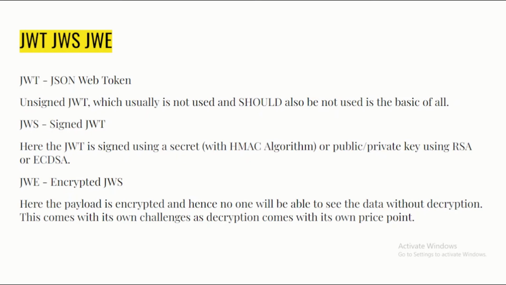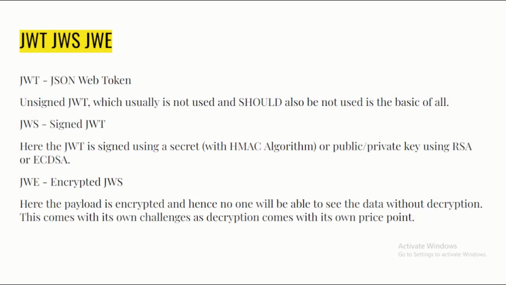We sign the token, and the third party who wants to accept this token can validate it using the public key. If they are able to validate it, that means the body, or payload, of the JWT has not been tampered with.